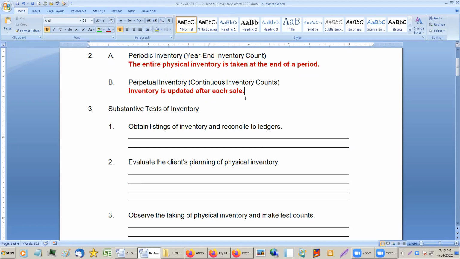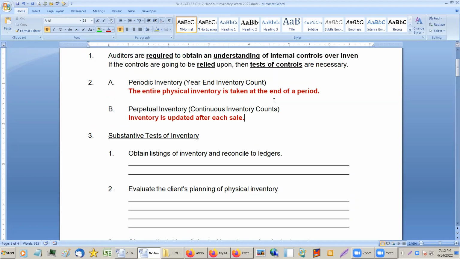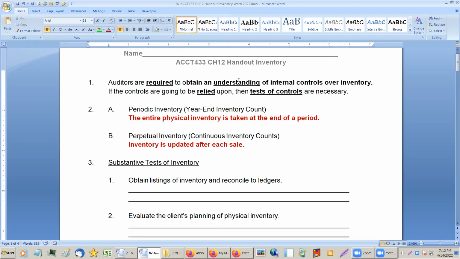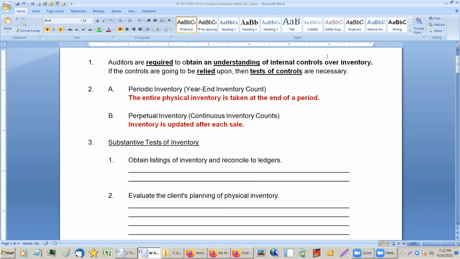So perpetual inventory is updated after each sale. And oftentimes they'll also count the inventory perpetually to see if the inventory is correct. Large stores will do that. They have to do it this way pretty much.